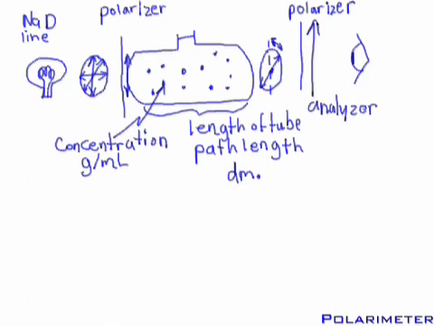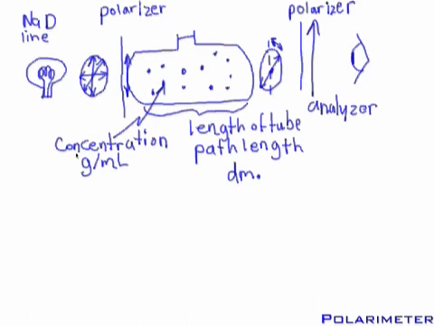And this polarizer's new angle of rotation can be measured. And so, utilizing a polarizing filter, which we call the analyzer, and doing two measurements, one with no chiral compound in and one with chiral compound in, we can actually determine the degrees of rotation for our concentration and our path length.